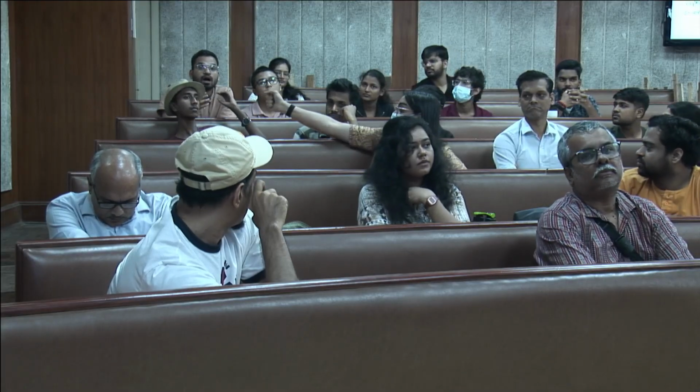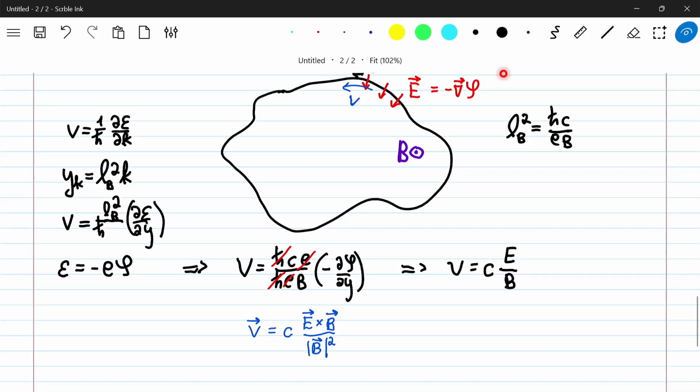Can you repeat the question? How can we say that the confining potential is equal to the electric field? No. The confining potential is this phi. The electric field is just the gradient of the potential, right?